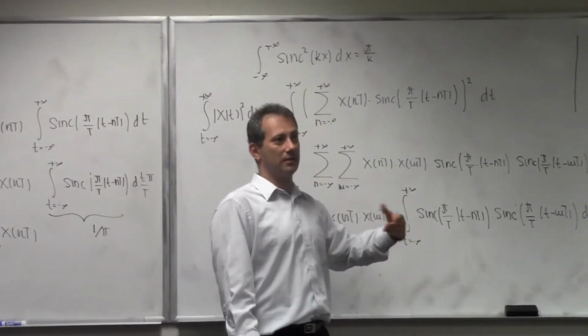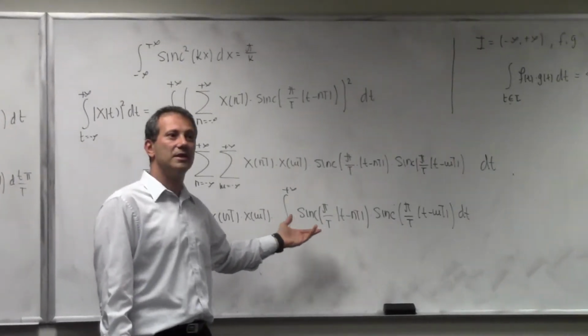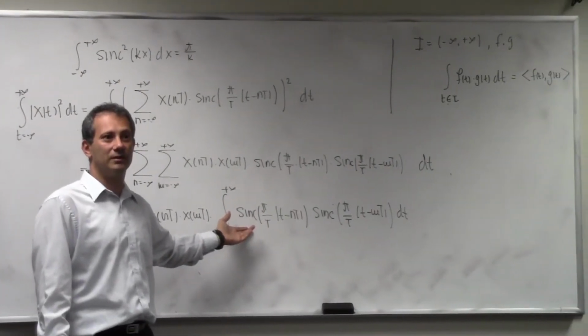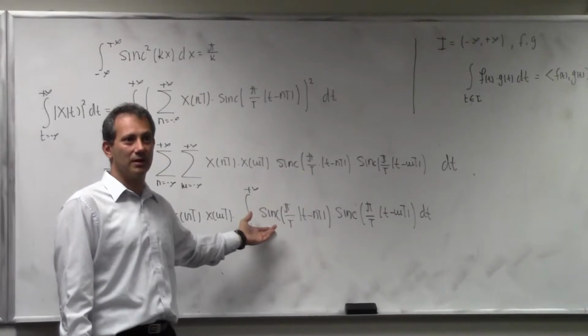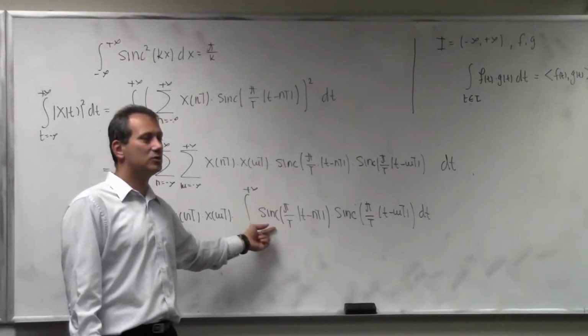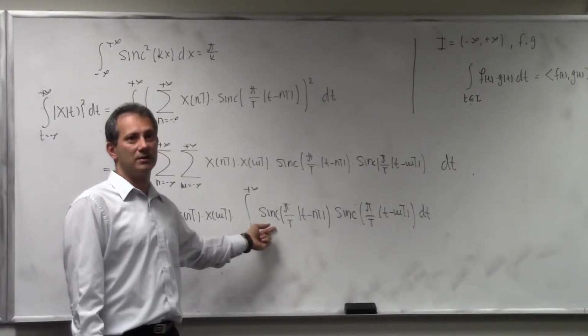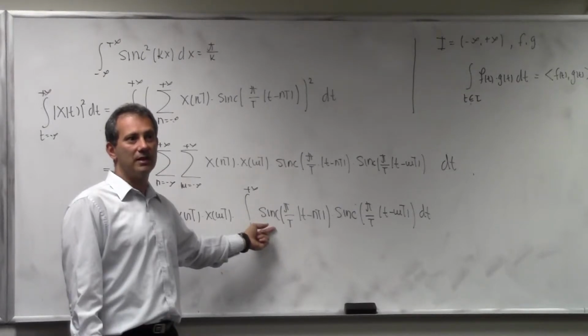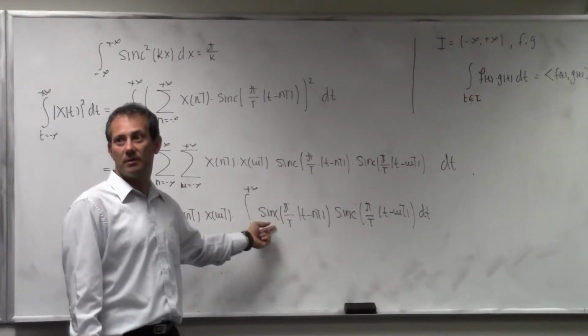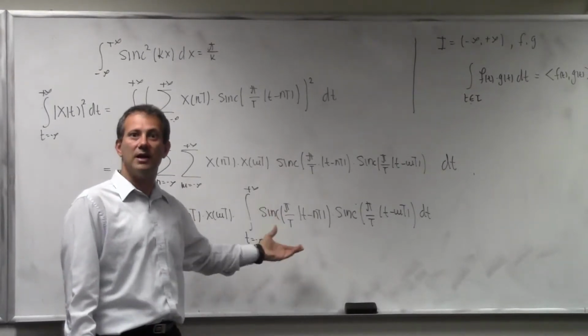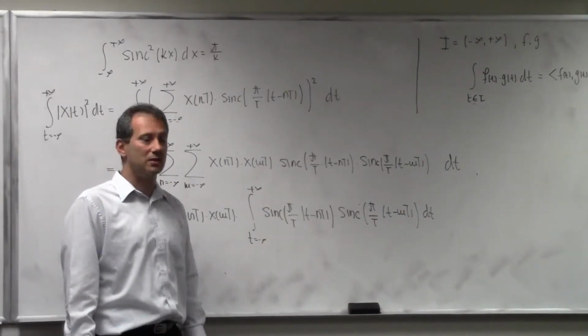Now, the book gives you that as a clue. They say sincs are orthogonal for different time shifts, right? So this is equal to 0 except in one case. And that case is when n is equal to m, in which case it's the energy, the area under the curve of sinc squared.